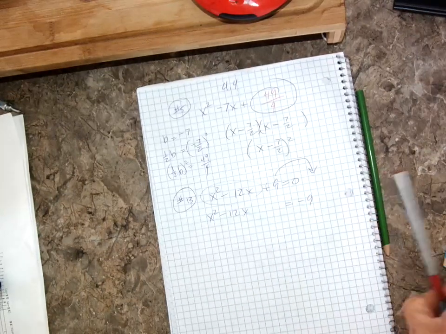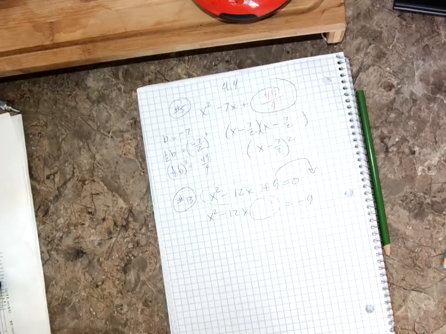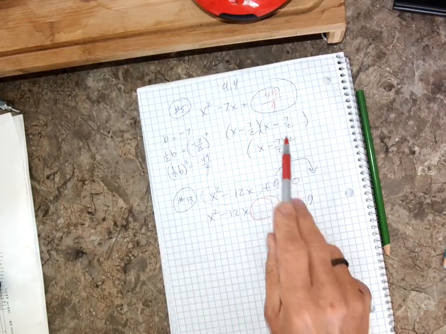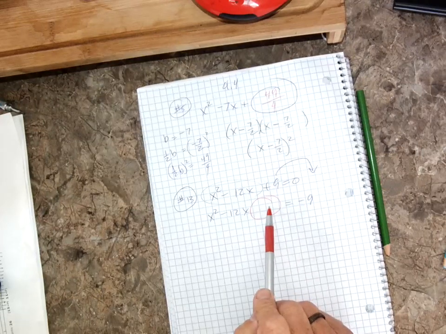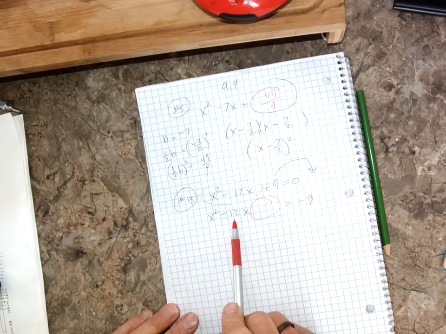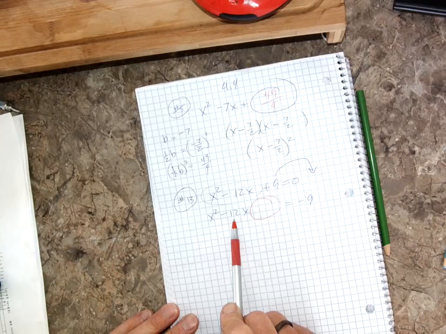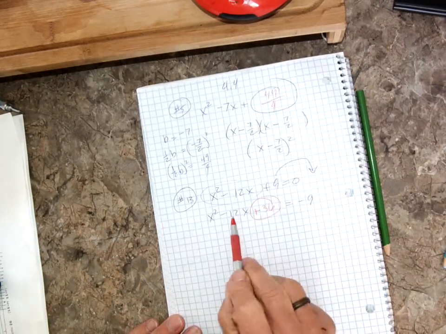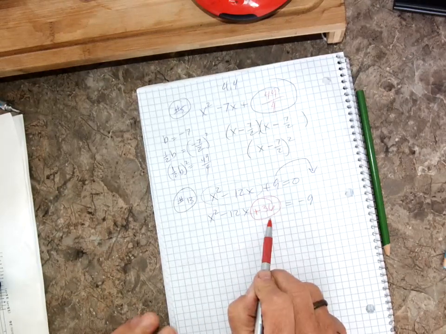I purposely left a little space right here, because that's where I want to find that number, like I did up above. How do I find that number? Half of 12 is 6. 6 squared is 36.